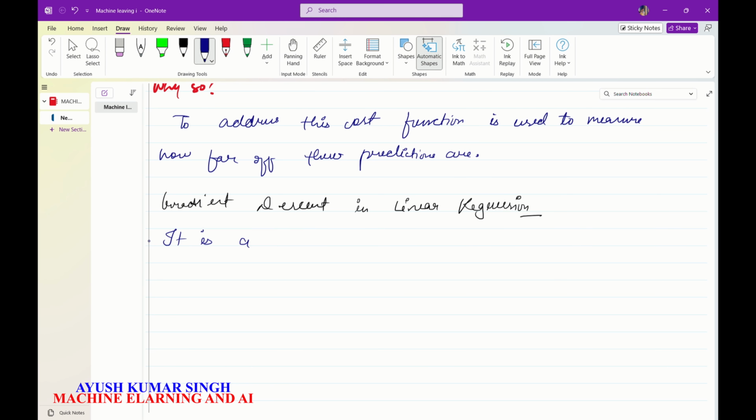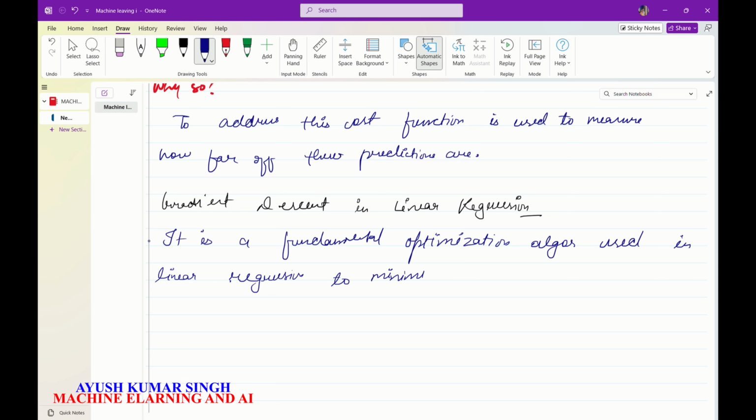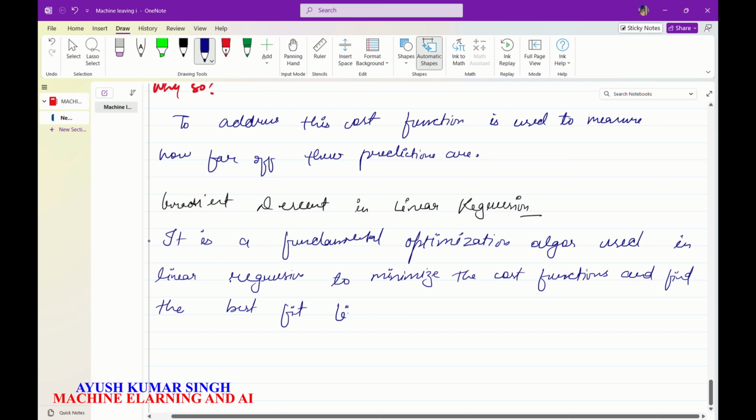It is a fundamental optimization algorithm used in linear regression to minimize the cost function and find the best fit line for the data.